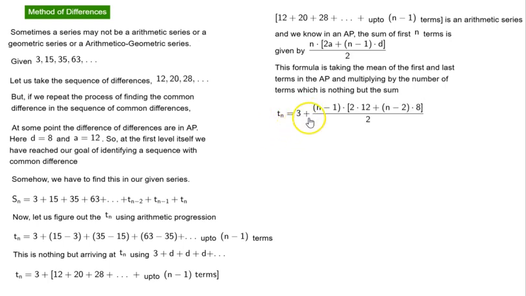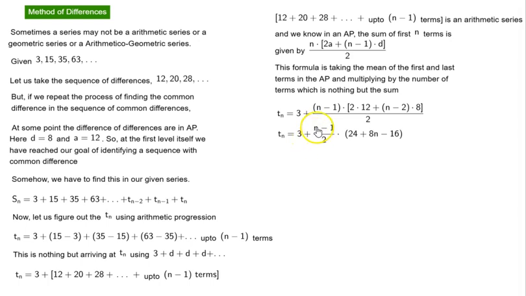T sub n is equal to 3 plus, so we apply this formula. Now here we are not talking of n terms, we are talking of n minus 1 terms. So we substitute n with n minus 1. So we have n minus 1 times 2 times 12 plus n minus 1 minus 1, that is n minus 2, times 8, the whole thing divided by 2.